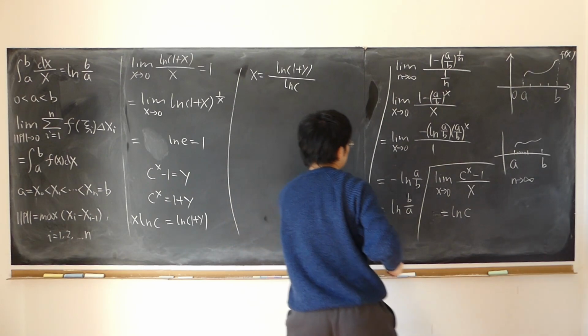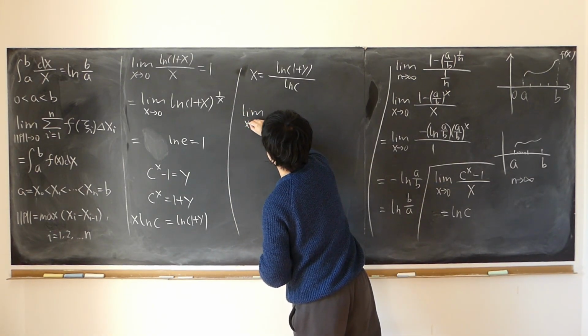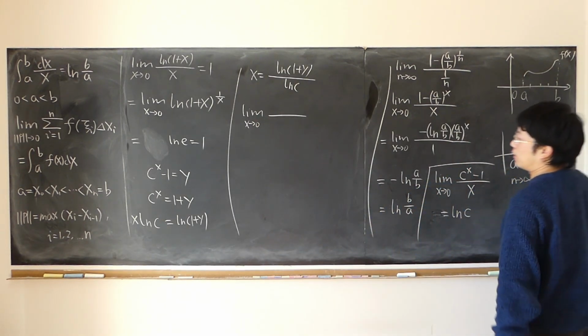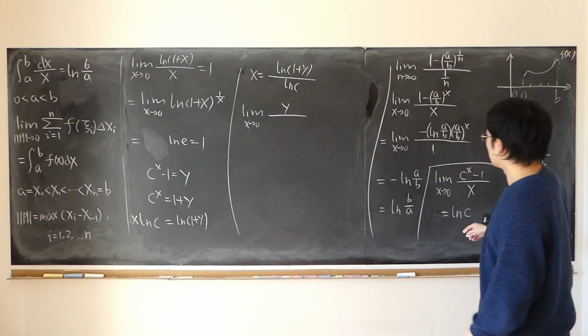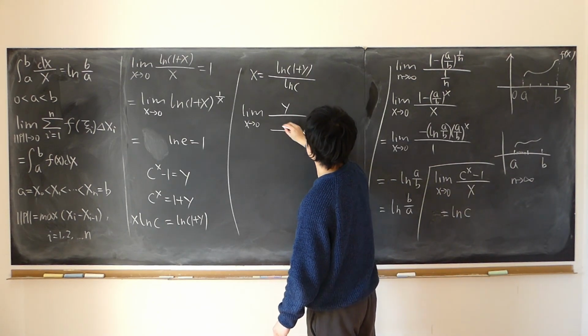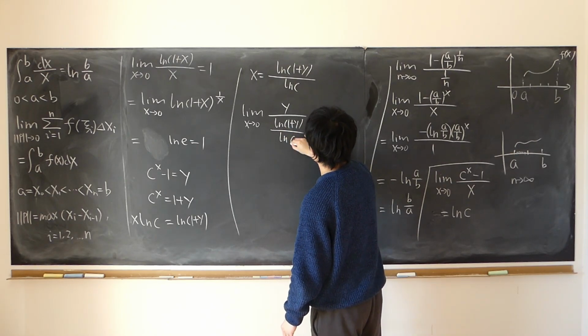In that case, this limit is equal to, with c to the x minus 1 being y, y over x, and x equal to this, y over log of 1 plus y over log c.